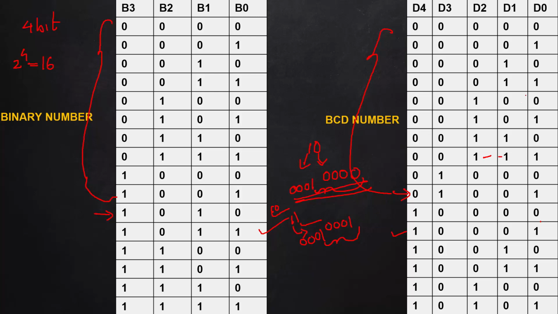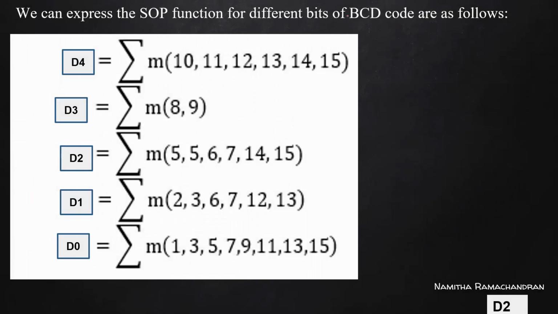Now our next task is to get the simplified expressions corresponding to D4, D3, D2, D1 and D0. For that we need the K-map simplification for each of these bits. So first, just derive the SOP form corresponding to D4, D3, D2, D1, D0.